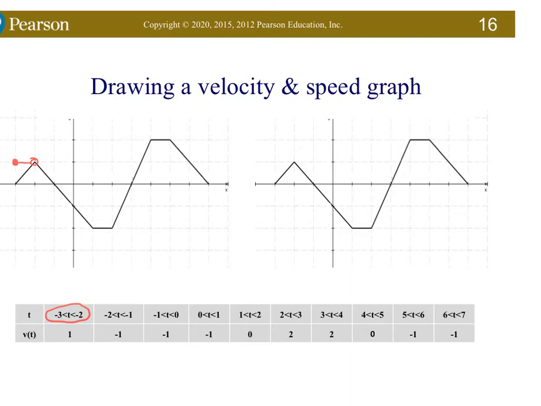The open circle indicates that there is a corner there where I'm changing to a different velocity. All these intervals from -2 to 1 all have a velocity value of -1, so that would be a horizontal piece that would correspond that long. From 1 to 2, I have a velocity value of 0, so I'll be right on the x-axis.